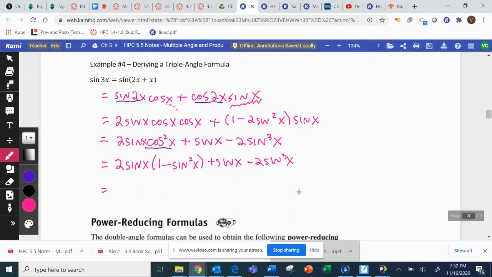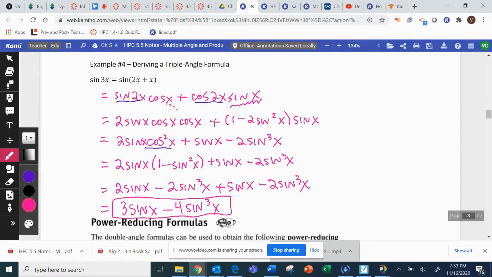And distribute here, I'll have 2 sine x minus 2 sine cubed x plus sine x minus 2 sine cubed x. And finally, I'm going to combine like terms, and we will have 3 sine x minus 4 sine cubed x.